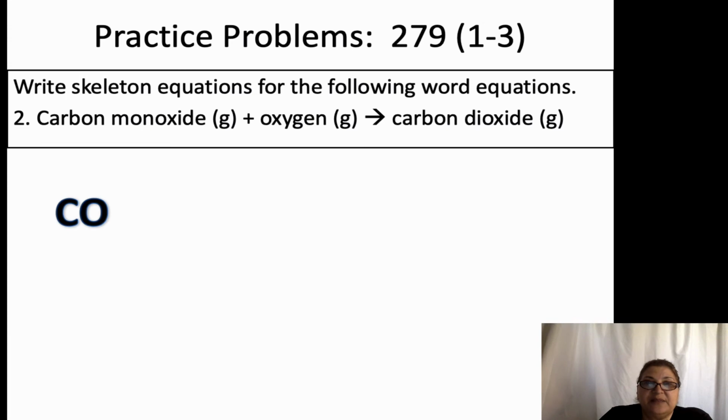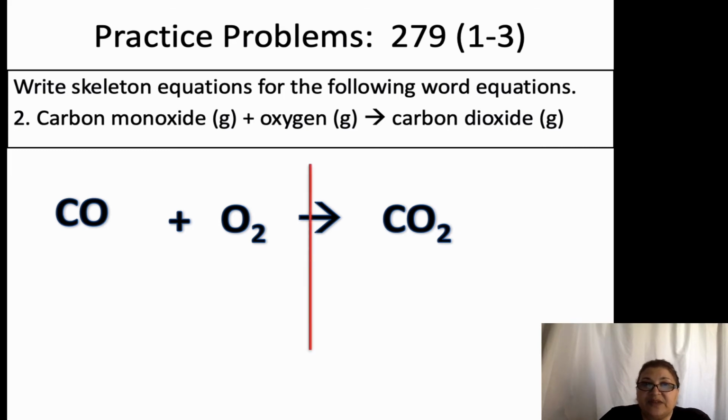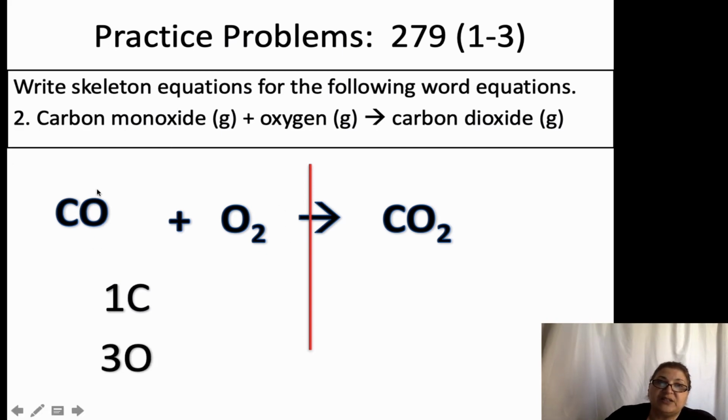Carbon monoxide plus oxygen yields or produces carbon dioxide. So we divide and we count the elements. We have 1 carbon. Now you have 1 oxygen and 2, that gives us 3 oxygen right here. 1 carbon on this side and 2.